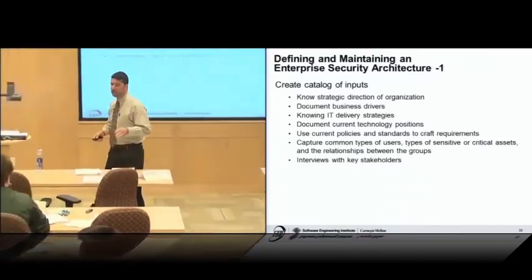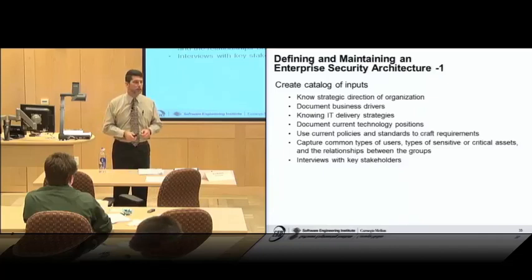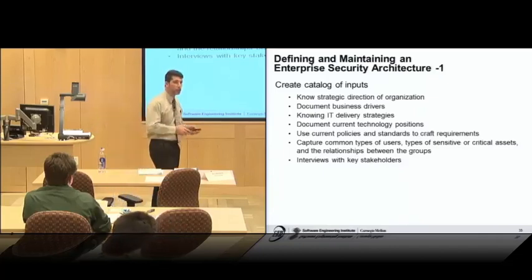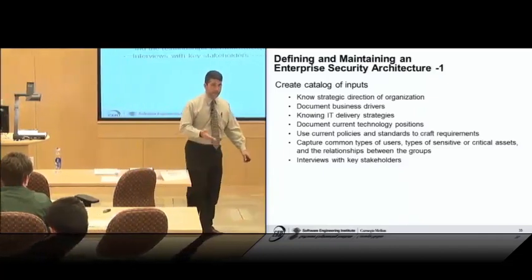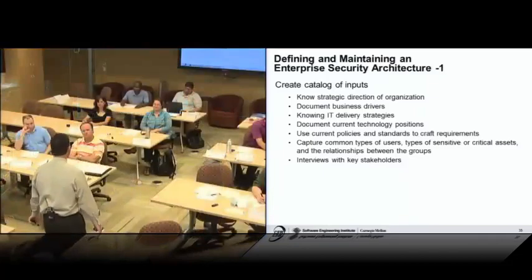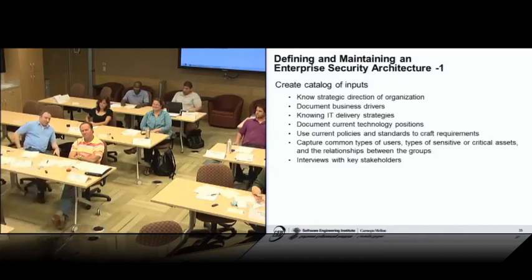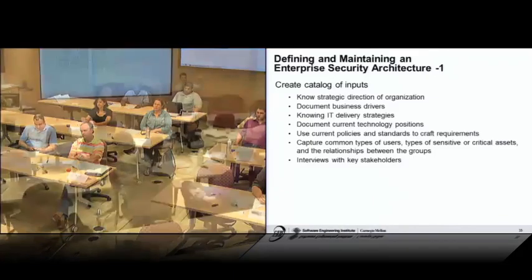What are some things that should define the organization's strategic direction? What should they include? A strategic plan. Yes. You're smirking. Should is the key word there, right? Good. How about the mission statement? Has anyone taken part in crafting a mission statement for their organization?